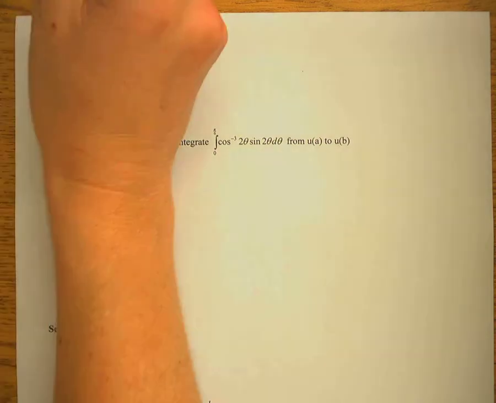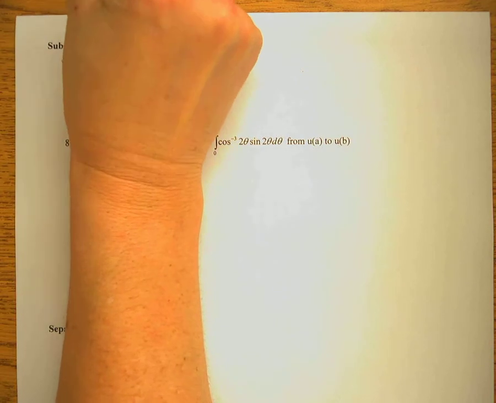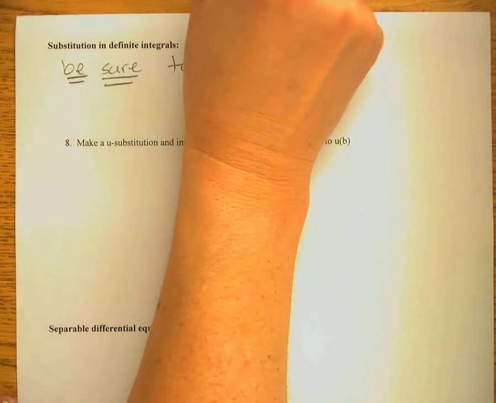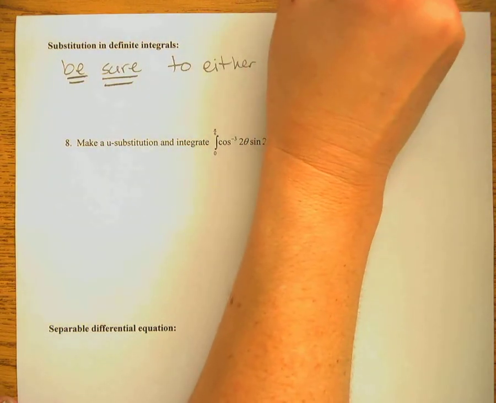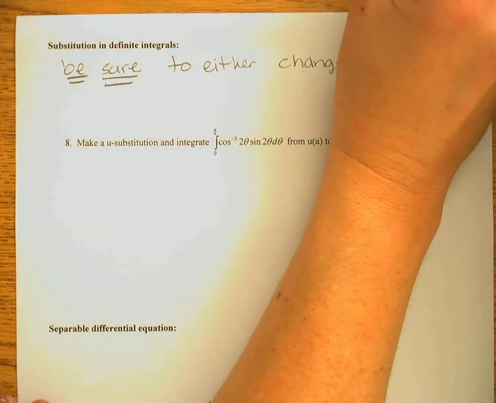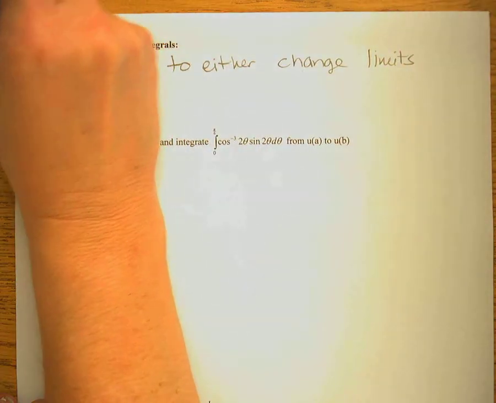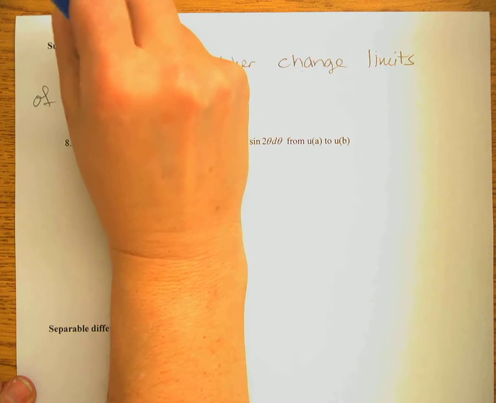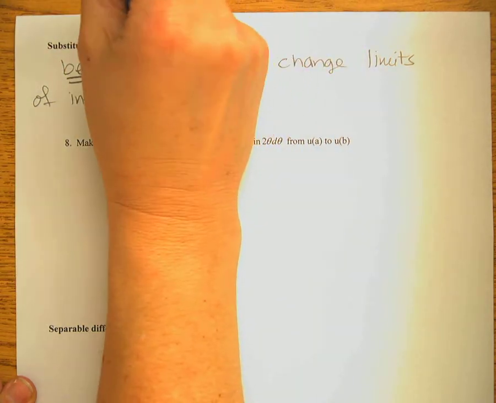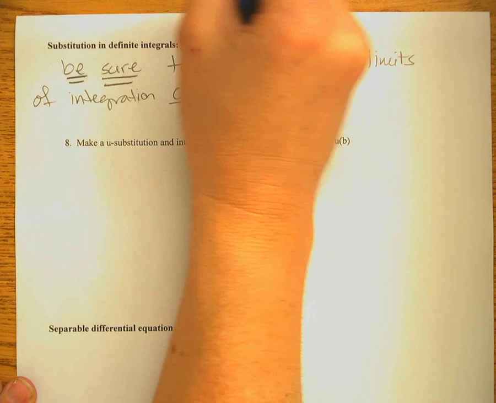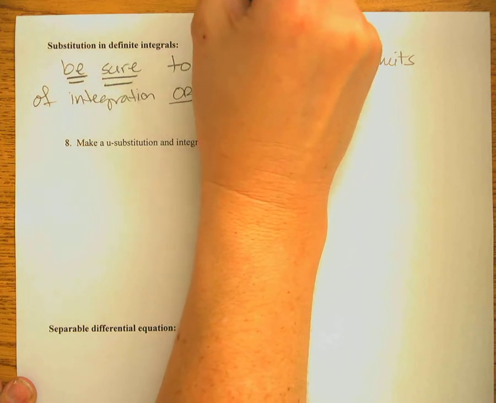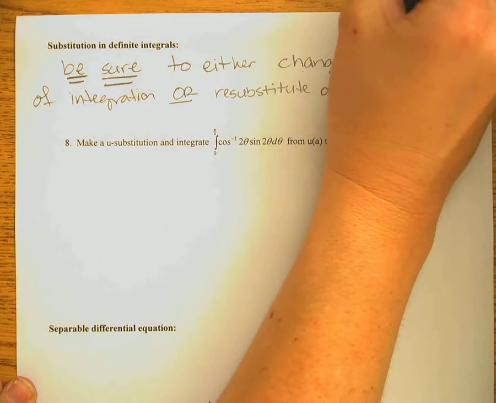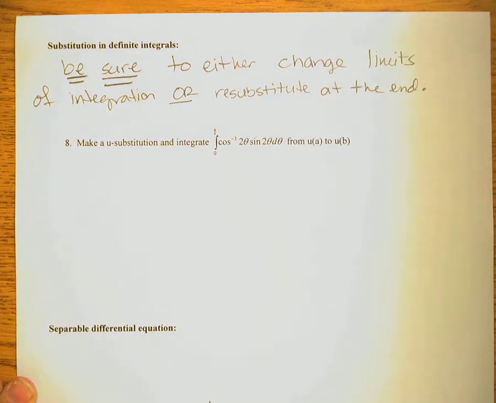So you just need to remember these are the ones where you want to be sure to either, you have options here, to either change the limits of integration or resubstitute at the end. You've got to do one or the other though, because otherwise you'll end up with the wrong answer.